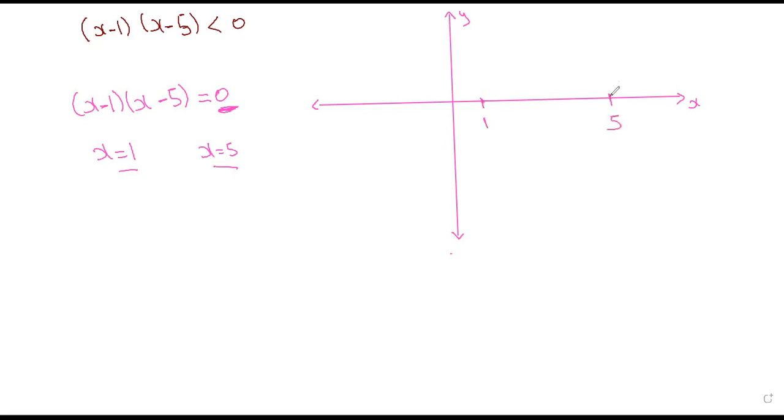Now I'll tell you, whenever we talk about quadratic equations, you will always get a fixed shape. Either it would be of this type or it would be of this type. That is it. You will get this type when your coefficient of x square is positive, and you will get this type when the coefficient of x square is negative.